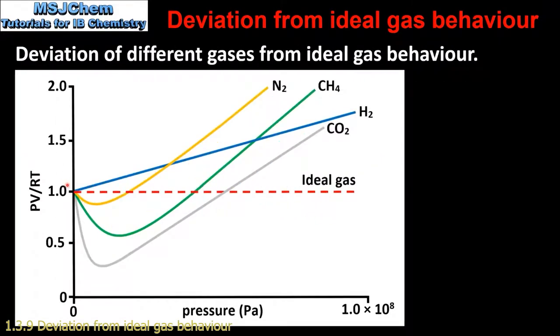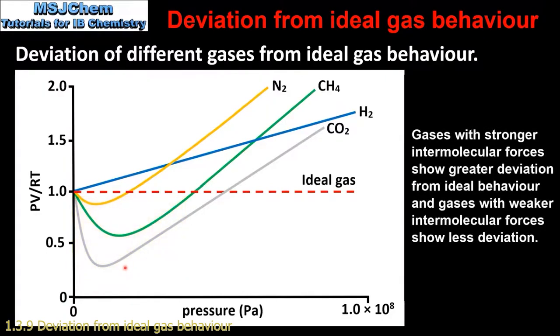On this graph, we can see the deviation from ideal behavior for 4 different gases. They are hydrogen, nitrogen, methane, and carbon dioxide. From the graph, we can see that each gas differs in its deviation from ideal behavior. At moderately high pressures, we can see that carbon dioxide and methane show significant deviation from ideal behavior, whereas hydrogen and nitrogen show less deviation.